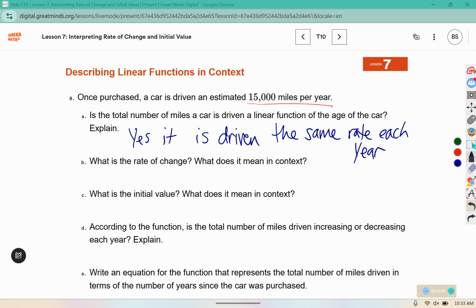What is the rate of change? That rate of change is 15,000, and it is the number of miles driven each year.